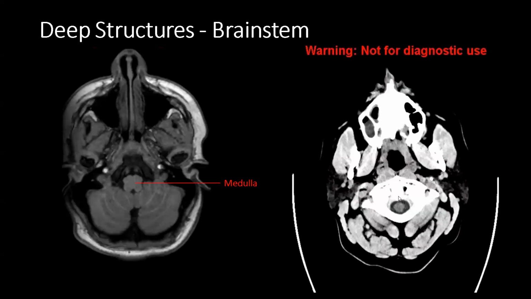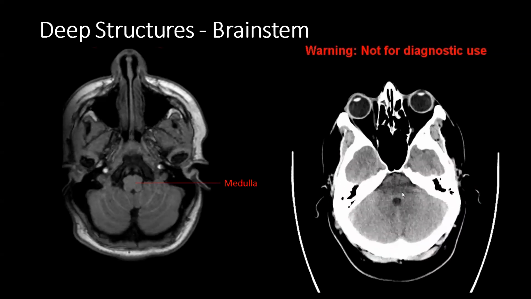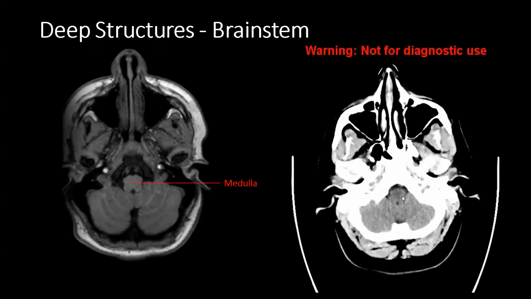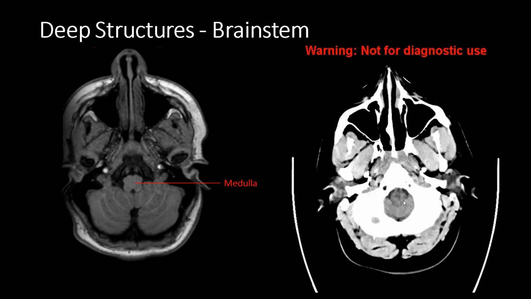And as we move more inferiorly, from the pons downward, to this prominent structure that almost looks like the spinal cord, but more prominent, that's your medulla. Your medulla is responsible for important functions in the body which are really necessary for life, such as breathing regulation. So you really don't want to have a hemorrhage or a tumor causing mass effect on the medulla, but it does happen. So it's a really important area to look.